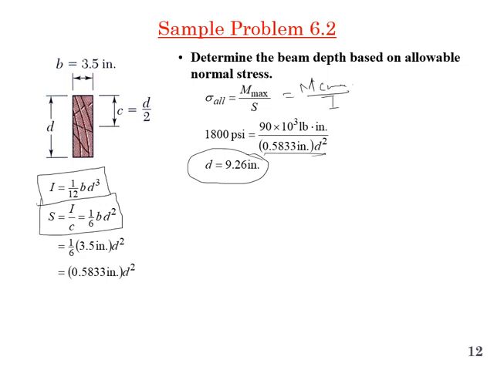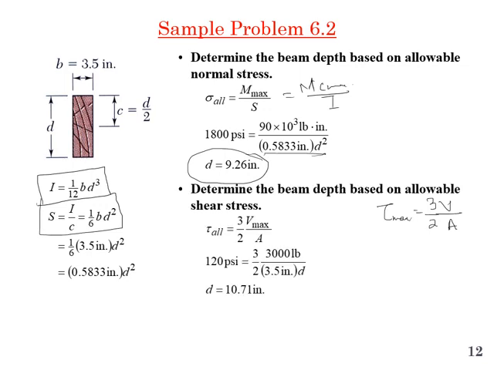Now for the shear stress, it's a rectangular cross section. So tau max for a rectangular cross section will be 3 by 2 P by area. By putting the values, 120 psi equals 3 by 2 times the maximum shear force we calculated, 3000 pound, divided by 3.5 times d, that is area.